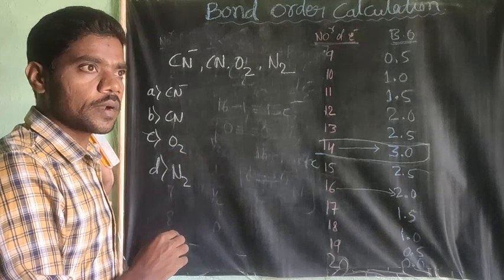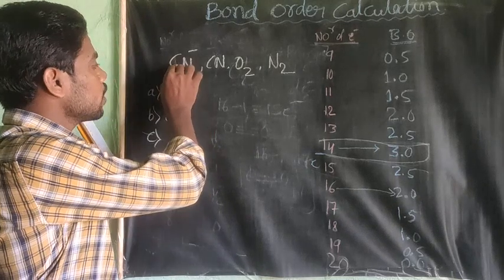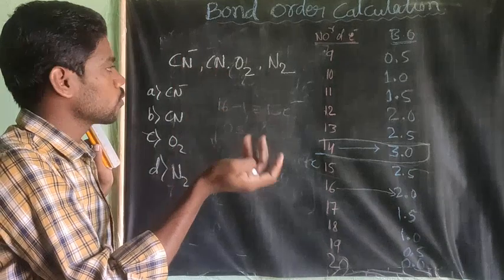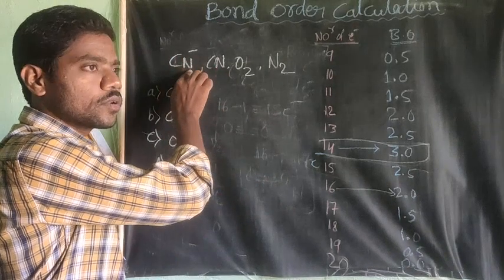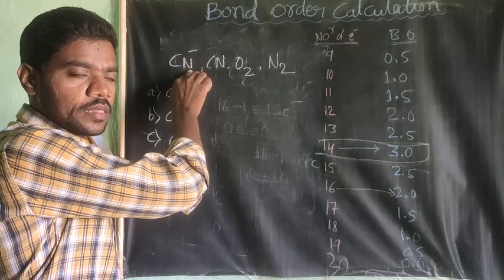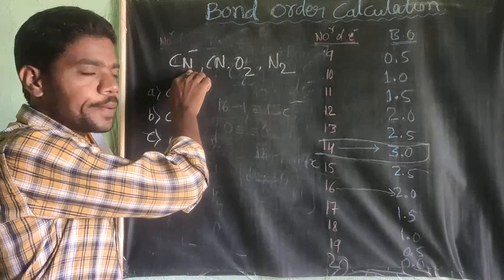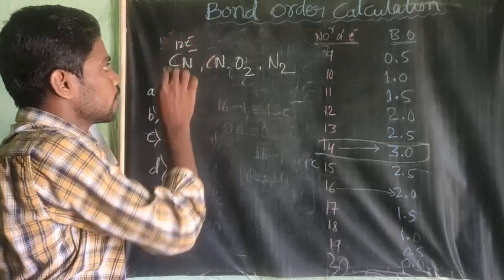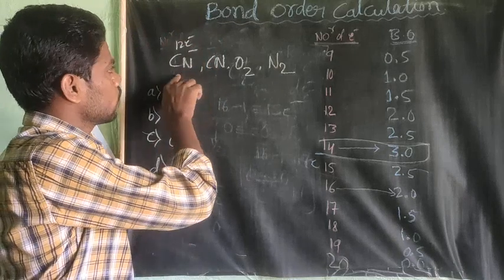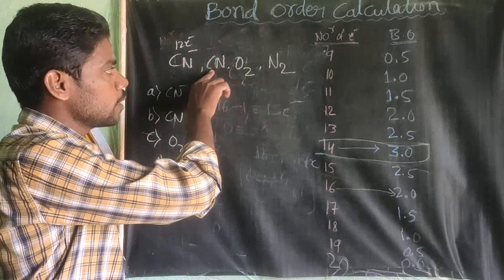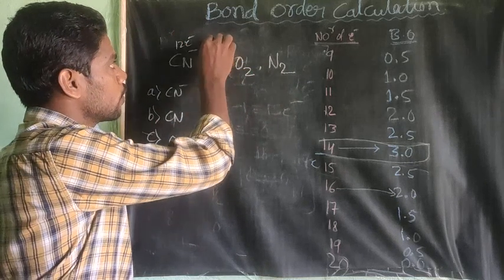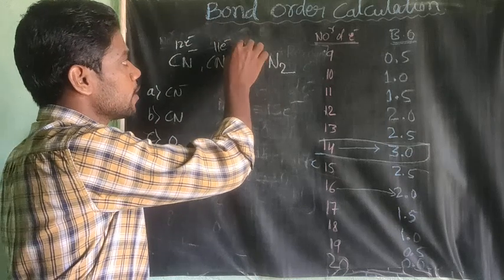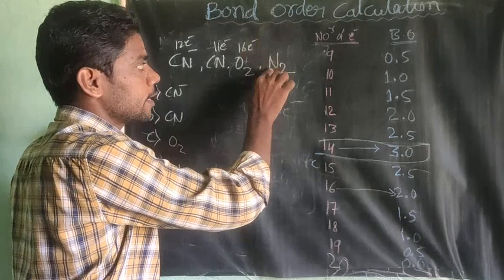How to calculate the bond order? I told you. Carbon has 6 electrons, nitrogen 7, so CN is 13, and one negative charge means 14 electrons. Next, we have to calculate the electrons first. CN has 11 electrons, O2 means 8 plus 8, 16 electrons.